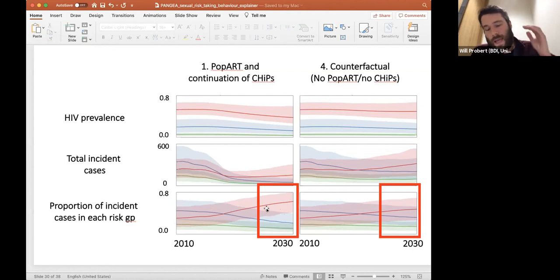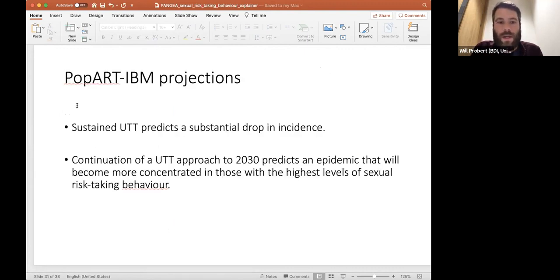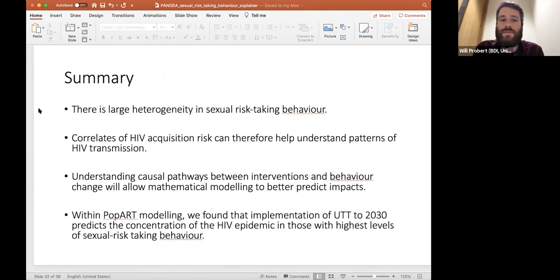So although the HIV epidemic is declining, we're concentrating it into that high-risk population. In summary, a sustained universal test and treat intervention, such as the CHIPS intervention, predicts a substantial drop in incidence. And the model predicts that continuation of a UTT approach to 2030 means the epidemic will become more concentrated in those with the highest levels of sexual risk-taking behaviour.